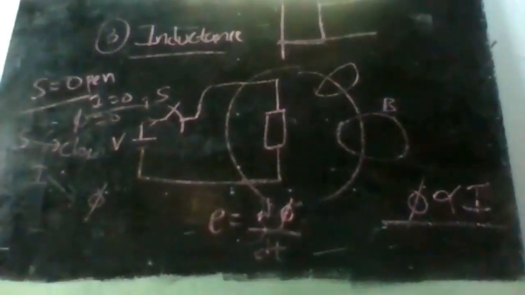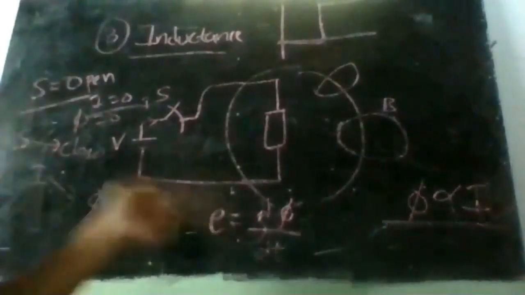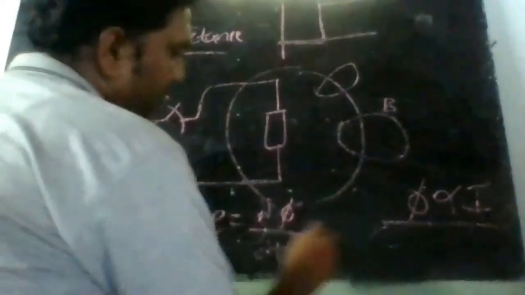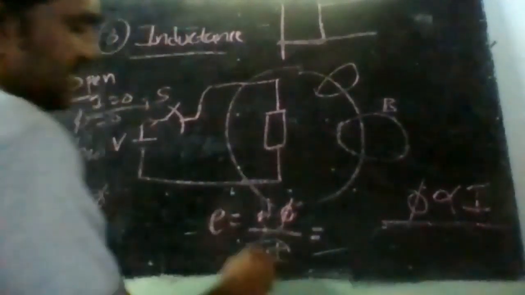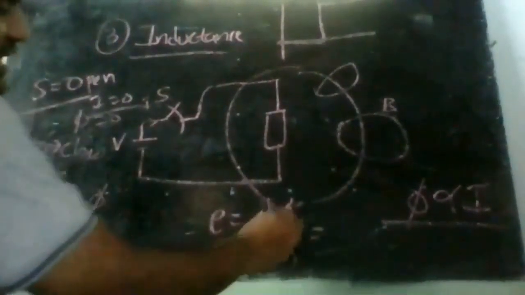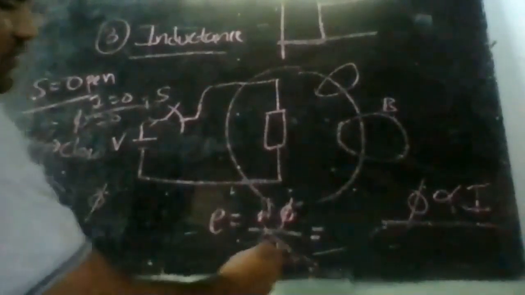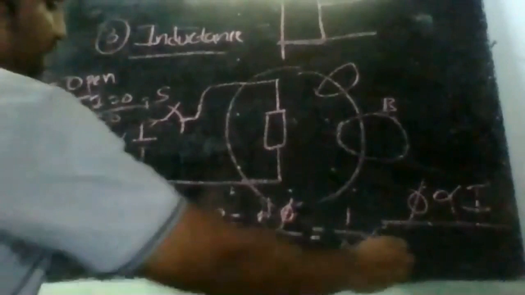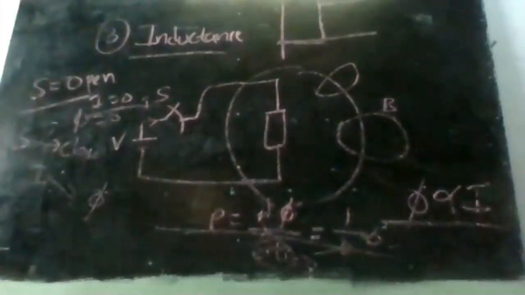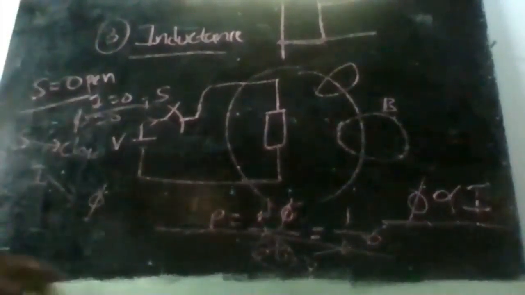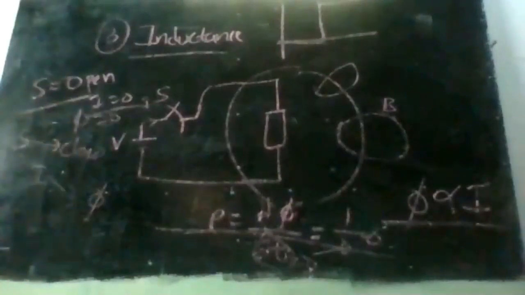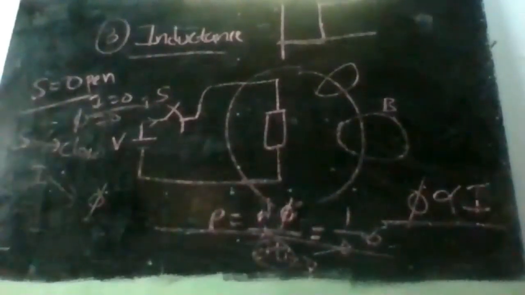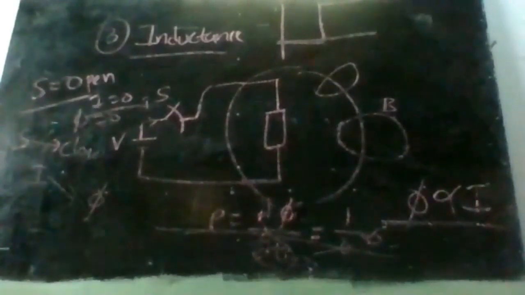Now if the flux changes in 0 time, that is, dt is 0, then 1 by 0 is nothing but infinity. So an infinite amount of EMF will be generated if the flux changes in 0 time. Are you getting my point?